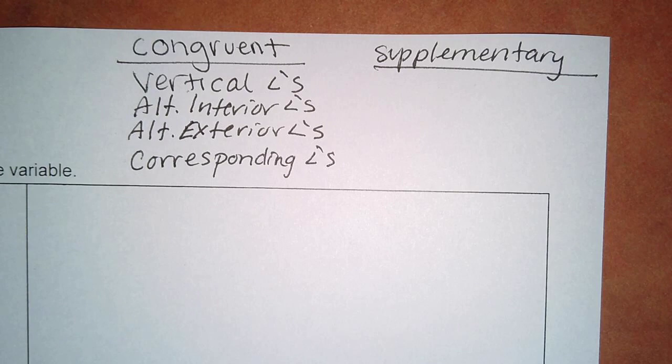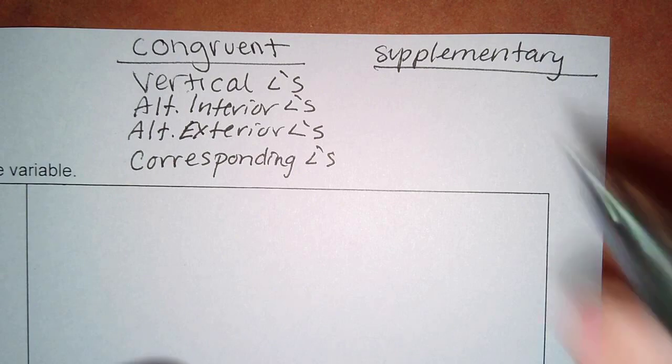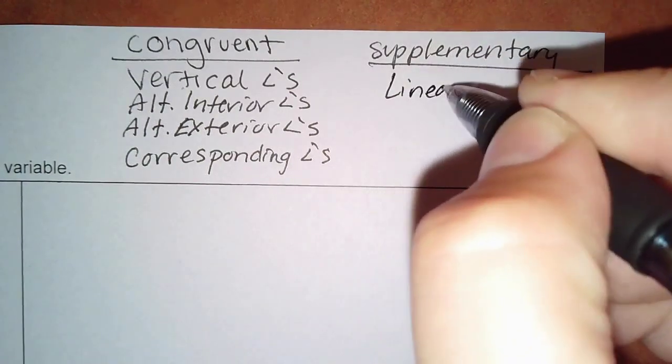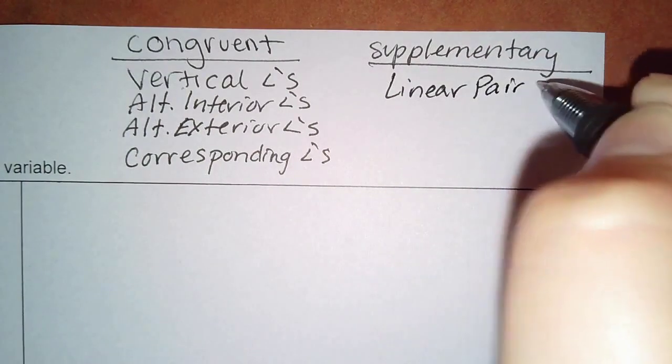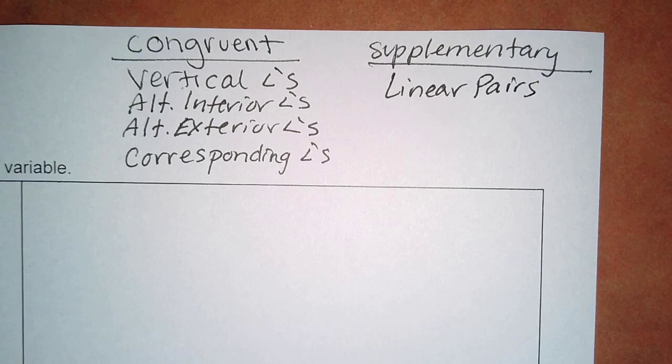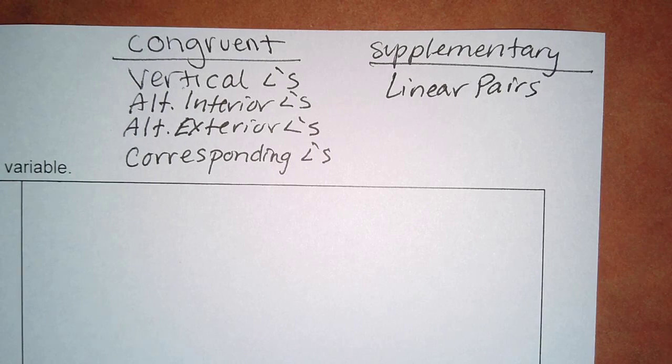Now we have 2 supplementary relationships that we can talk about. Scott? Linear pairs. And we have one more. Price?